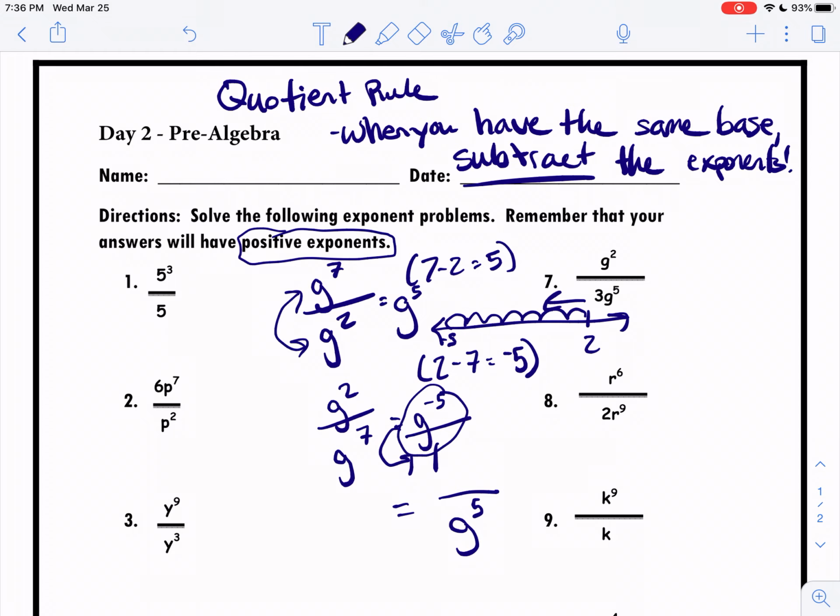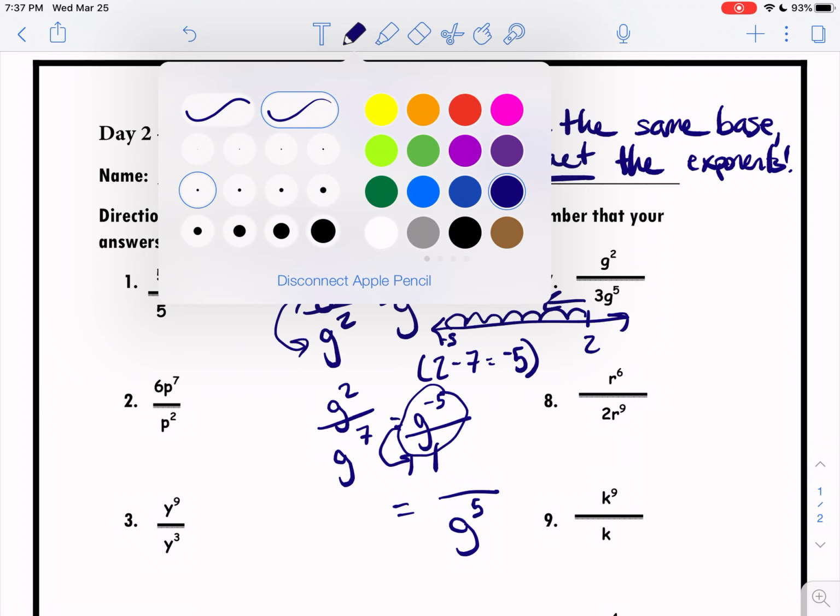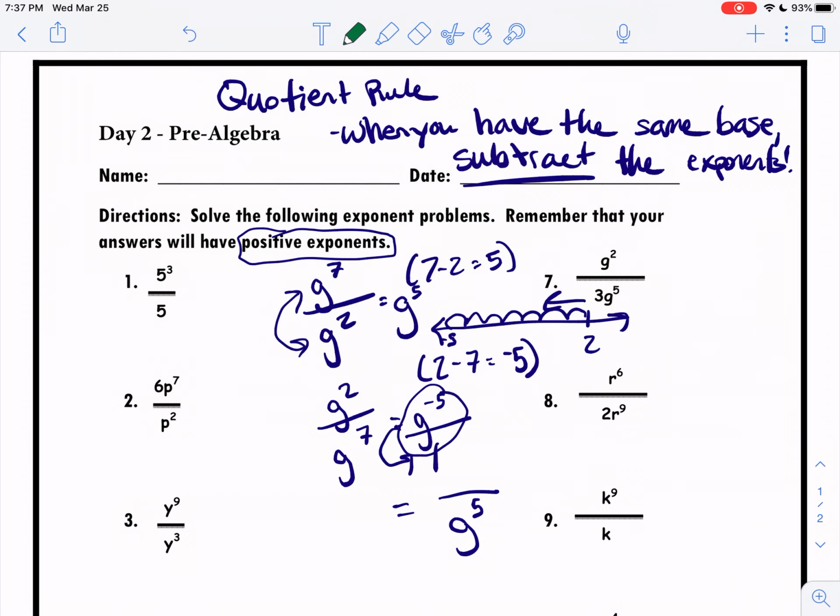That negative was essentially our direction to say, move me to the other side of the fraction bar. But then the question remains, what goes in that numerator? It's not nothing, it's also not 0, because then our answer would be 0. It would be 1. All right, so there's a quick little reminder.